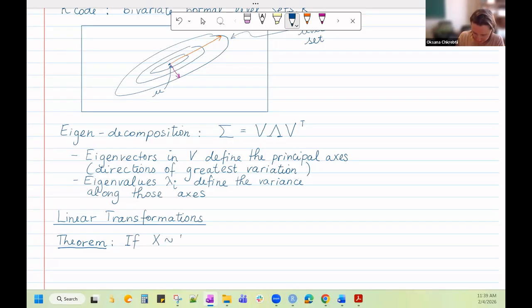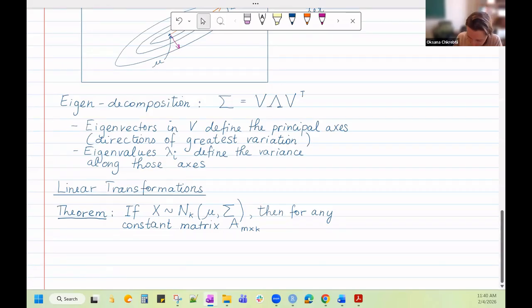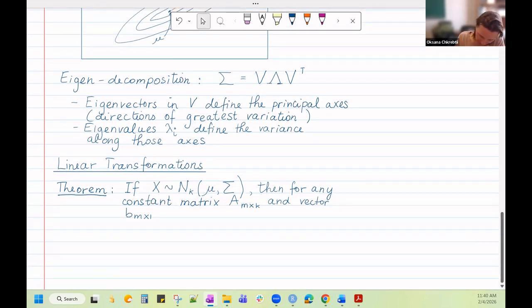If X follows a k-variate multivariate normal distribution with mean mu and variance sigma, then for any constant matrix A, I'm going to call it m by k here, and vector b, which is just going to be an m by 1 column vector, we have the following.